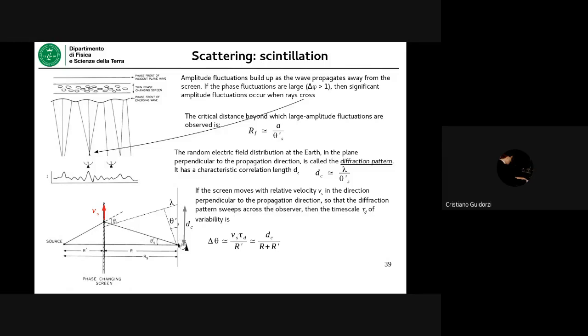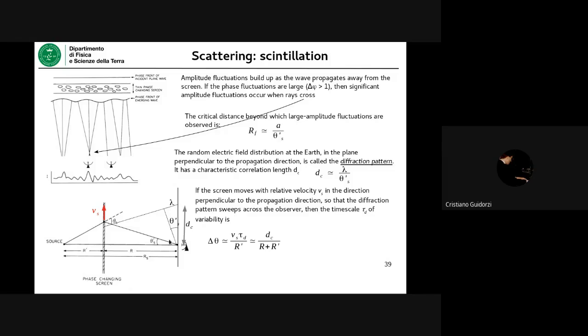But what I'm interested in is the consequent displacement on this plane. Given that the angle is the same, imagine you rigidly tilt all these rays here, so also this tilted ray here. So this will move as a consequence. But this is at a distance which is r prime plus r from the source.